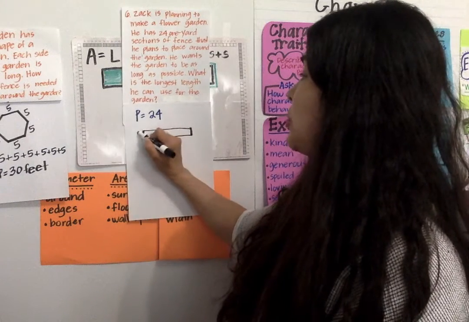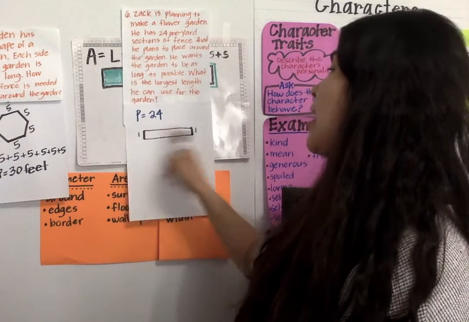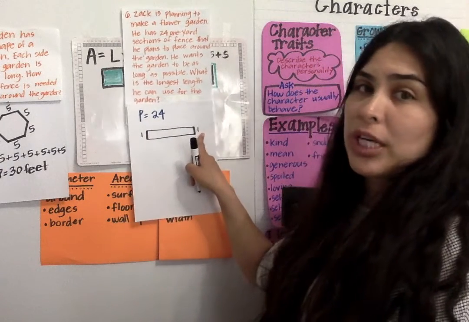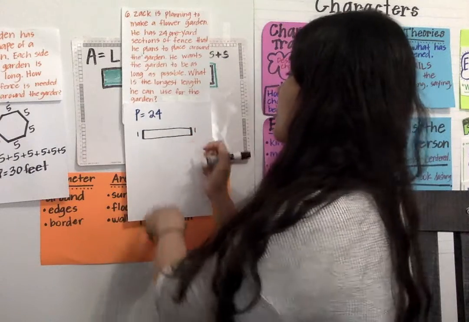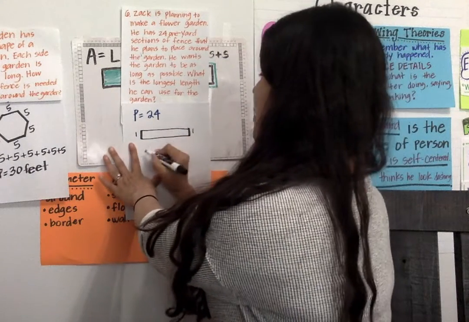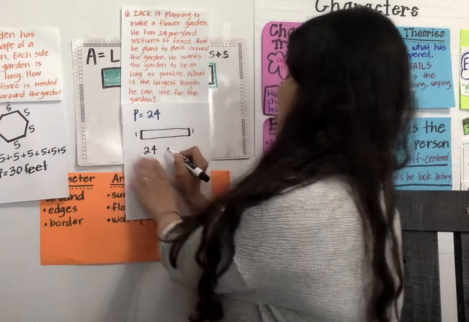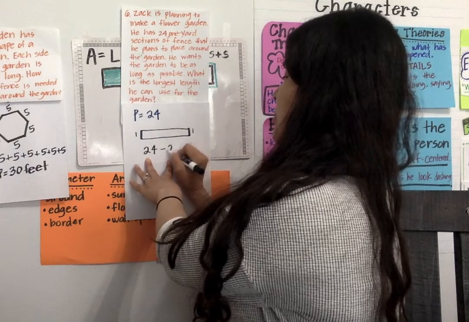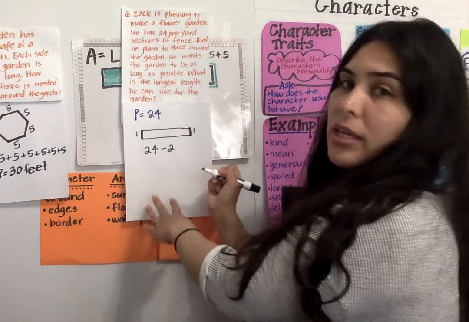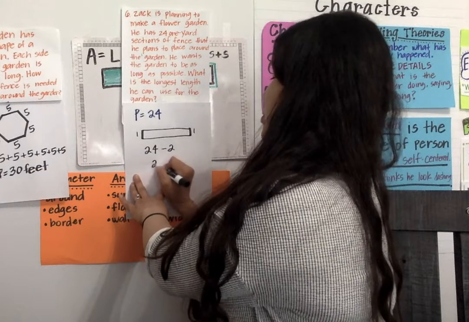So I'm just going to put a 1 here. And because I put a 1 here, I know I also need to put a 1 here. So 1 plus 1 is 2. So I'm going to take my perimeter of 24, and now I'm going to subtract 2. Okay? So now I have 22.